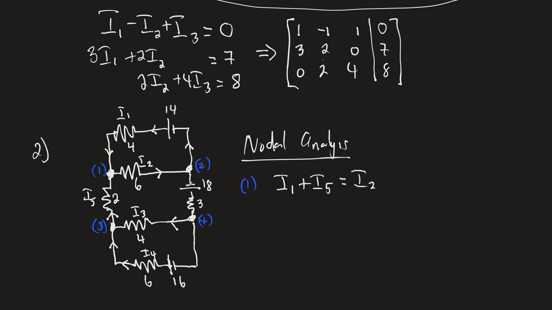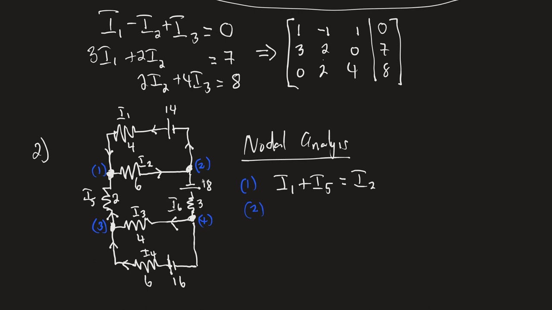If we look at node 2, which I have labeled here on the right, we'll have I2 going in, and then I1 and I3. Actually, I didn't label this one, so this here is I6.